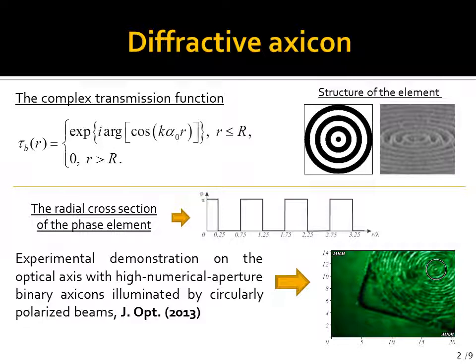What is an axicon? An axicon is an optical element that forms a zero-order Bessel beam, the diameter of the central spot of which at full width at half maximum is 0.36 wavelengths divided by the numerical aperture.